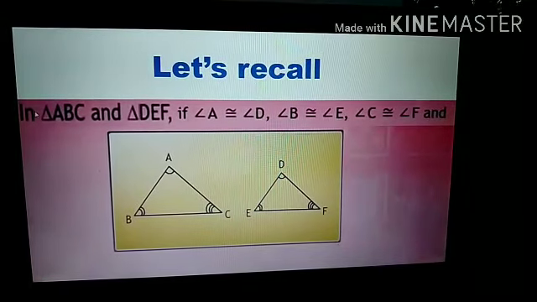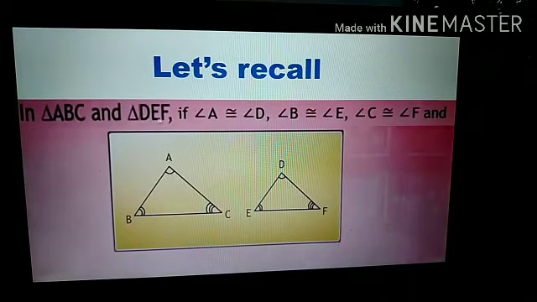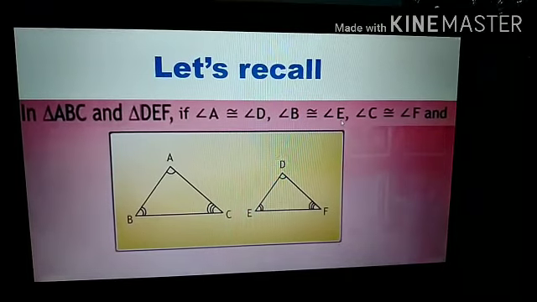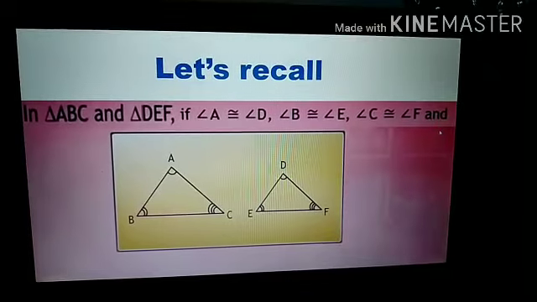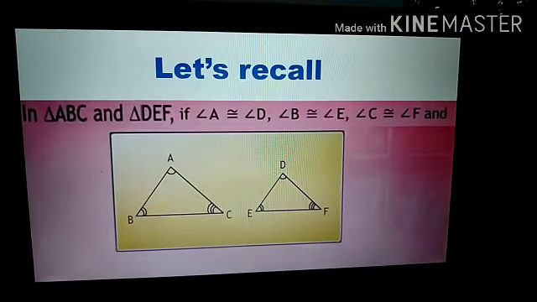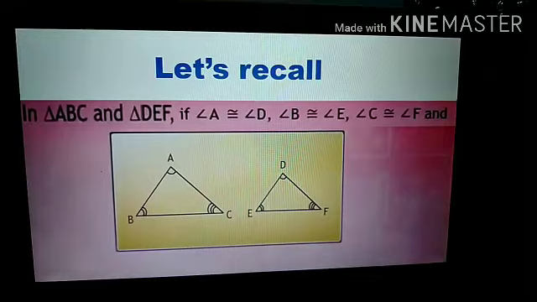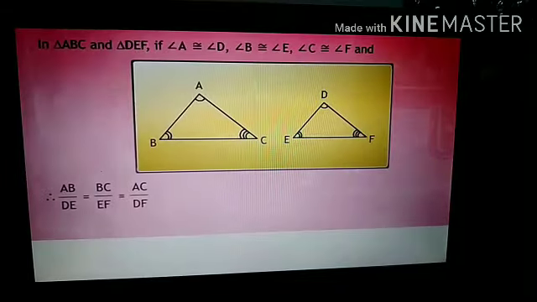So for triangle ABC and DEF, we have angle A congruent to angle D, angle B congruent to angle E, and angle C congruent to angle F. We also learned that for a given triangle, we can write the sides of a triangle in proportion.